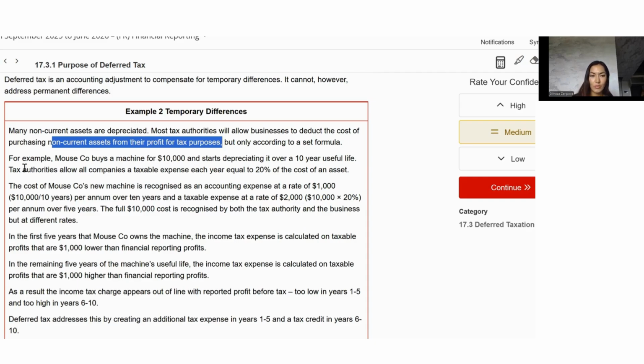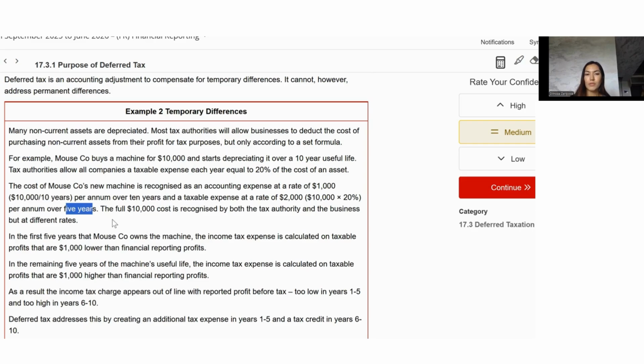Because tax authorities allow you only 20%, so you just take the 20% for tax purposes. And for your accounting purposes, you take 10 years, right? You have depreciation of 1,000. And for tax expenses, you will have 2,000 over 5 years. This one is over 10 years, this is over 5 years.